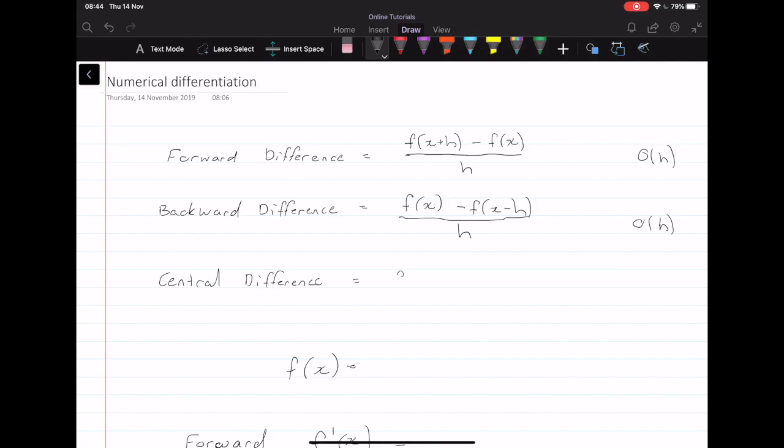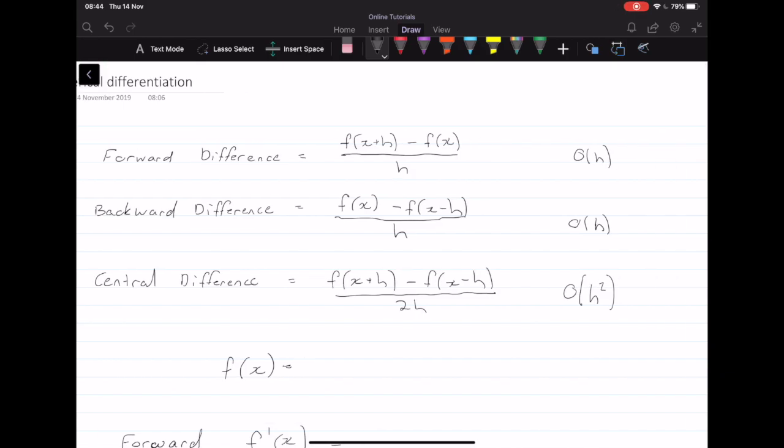For the central difference, we have f of x plus h minus f of x minus h over 2h, so a bit of a combination between the forward and backward. This has order of h squared. These h's are just your step sizes. The x is the value at which you want to differentiate the function, and these orders tell us how good the estimate is, the order of accuracy.